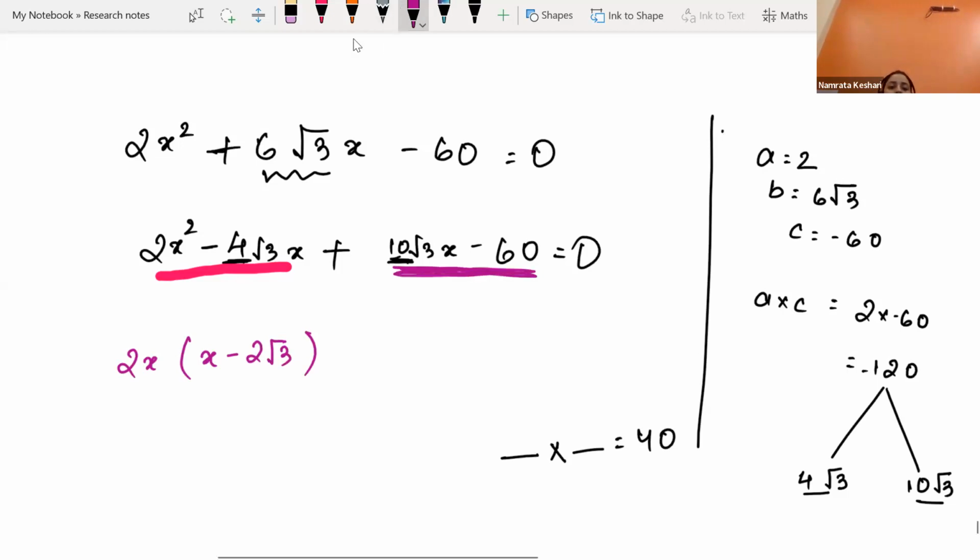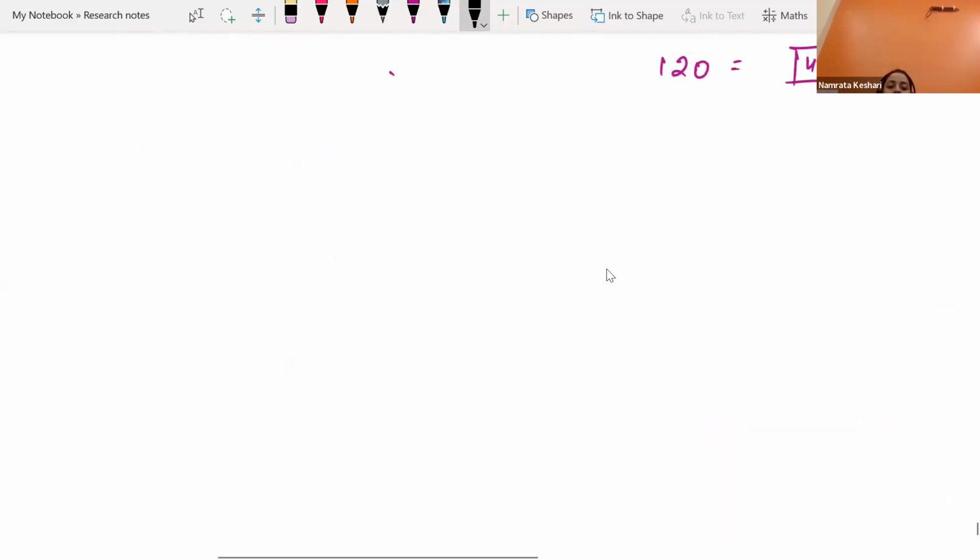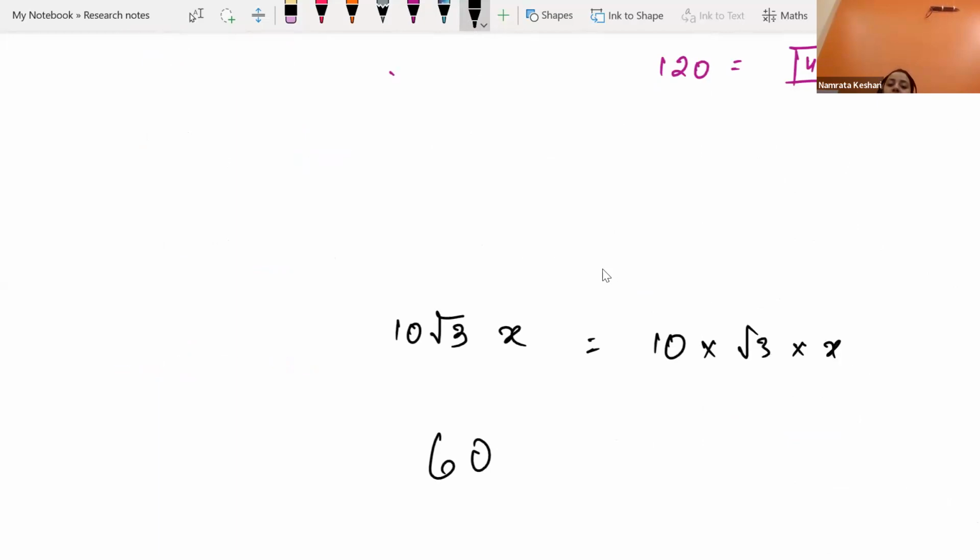In the next two terms, we can take 5 as common, plus 5. Let's figure it out. Into x. Why am I writing 10?